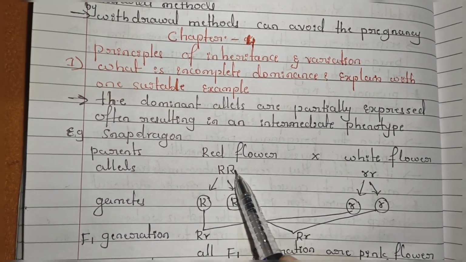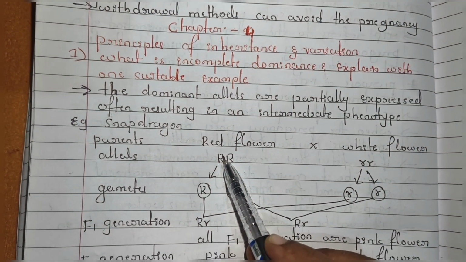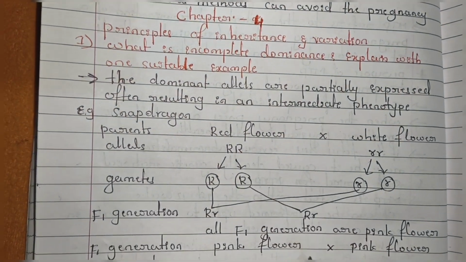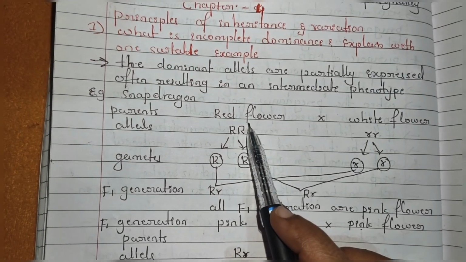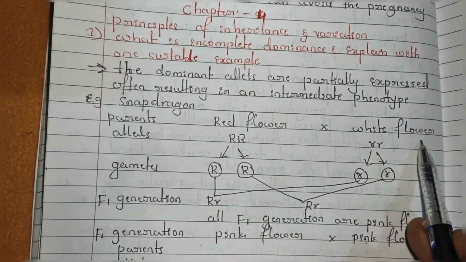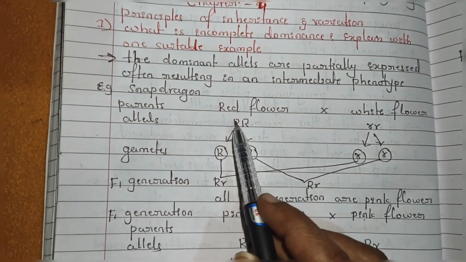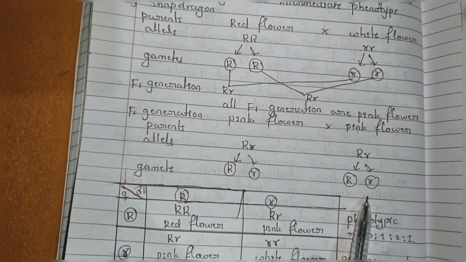Meaning one dominant allele expresses partially in the presence of another, so they show a different character. Take the example of snapdragon: a red flower crossed with a white flower gives a pink flower because the dominant allele expresses partially. So it is a phenotypic cross.